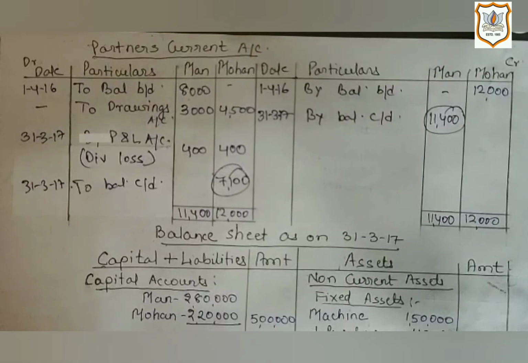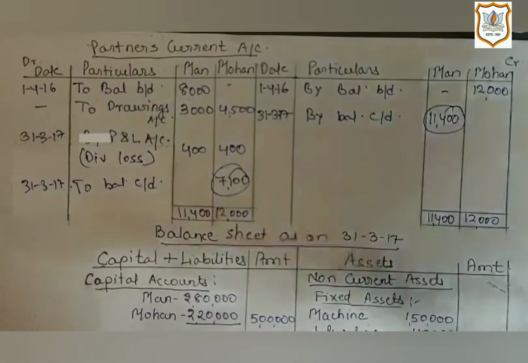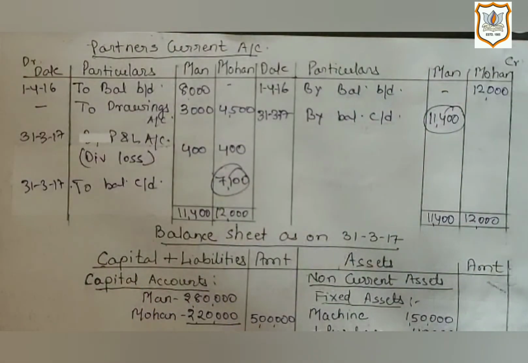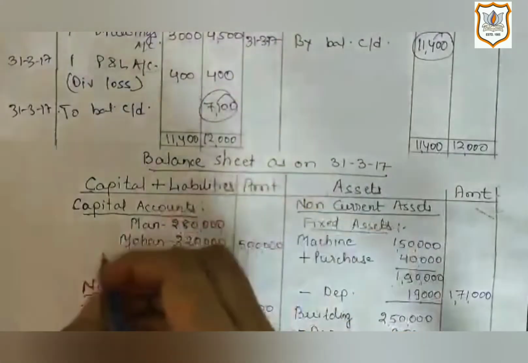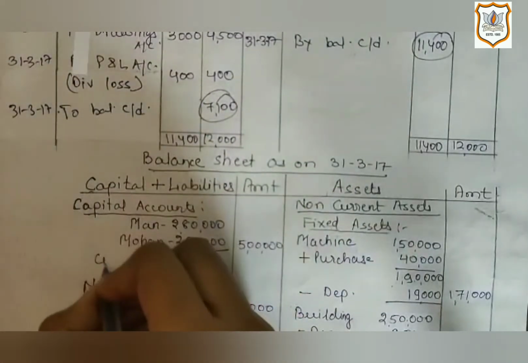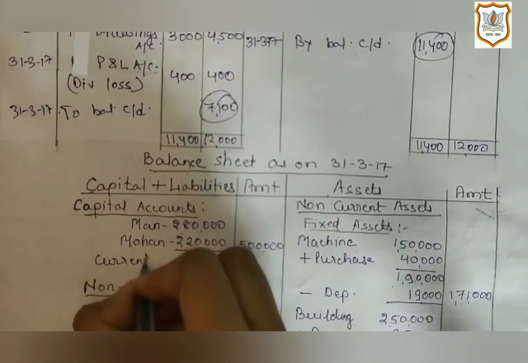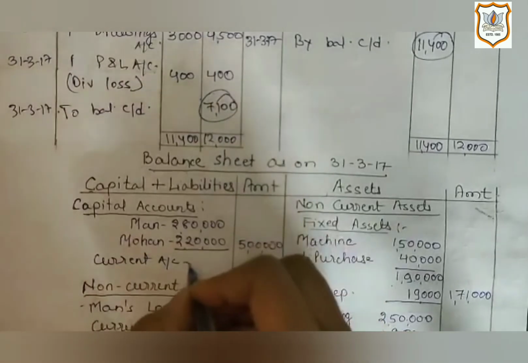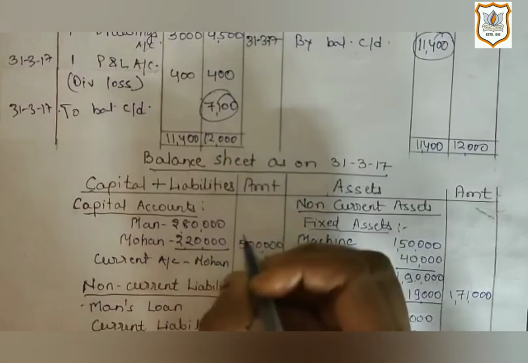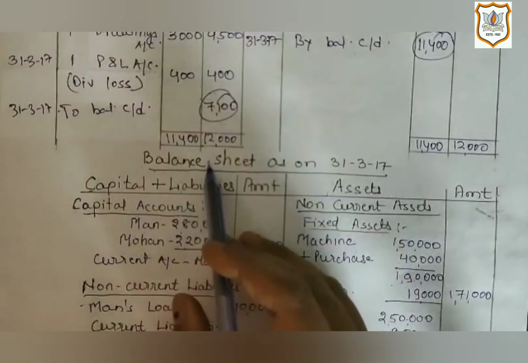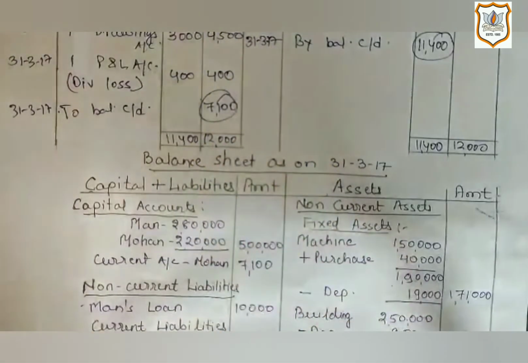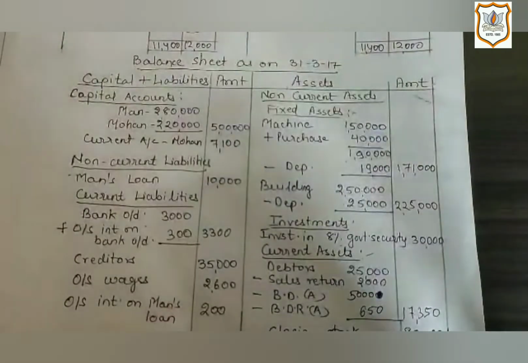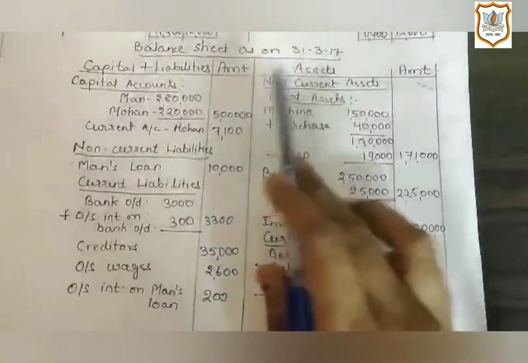A debit balance of the current account is shown on the capital liability side of the balance sheet, and a credit balance of the current account is shown on the asset side of the balance sheet. So here we will transfer the current account of Mohan on the capital liability side of the balance sheet, which is rupees 7,100, and the current account of Man will be shown on the asset side of the balance sheet.